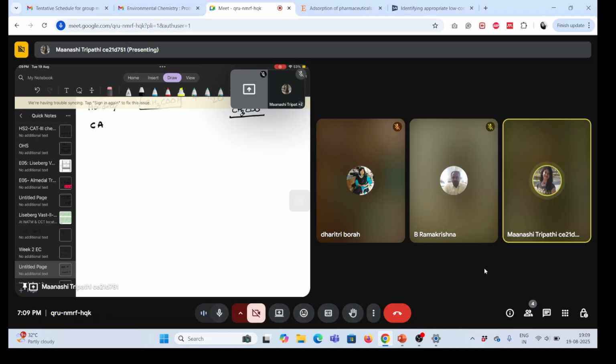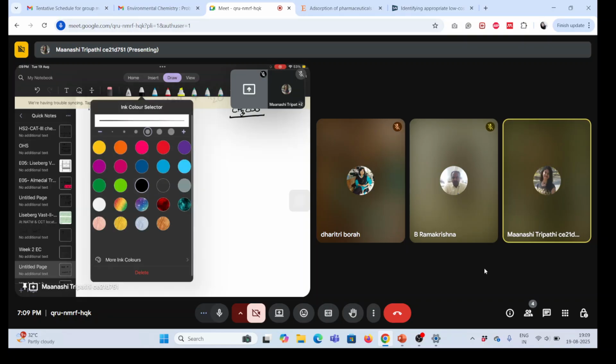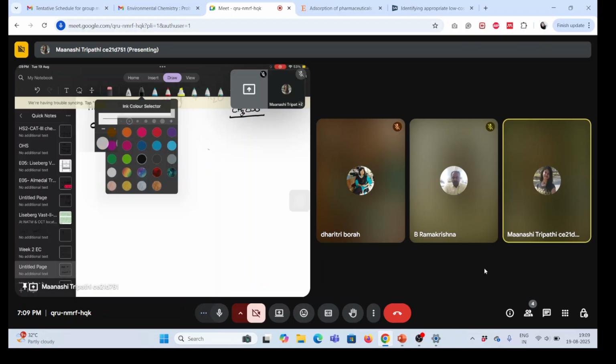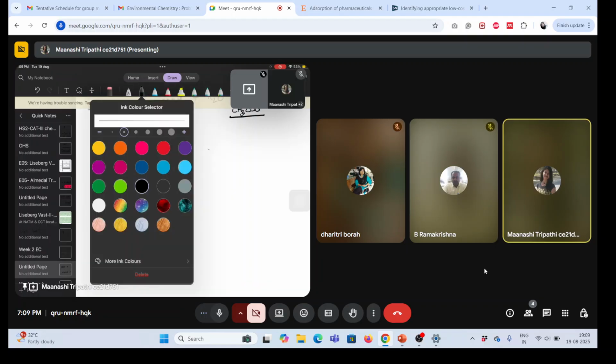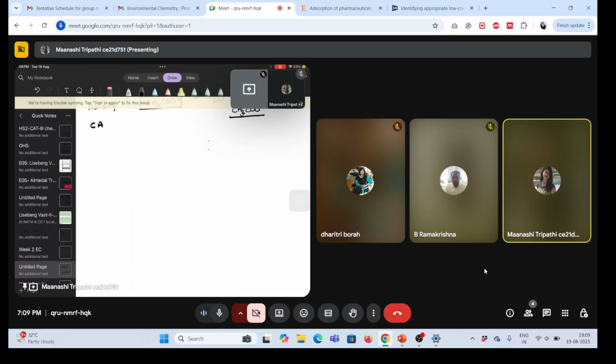Caustic alkalinity is the presence of some strong base like NaOH. Whatever gives OH ion, we call that caustic alkalinity.